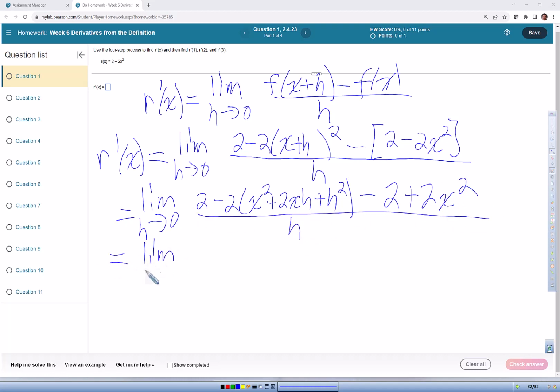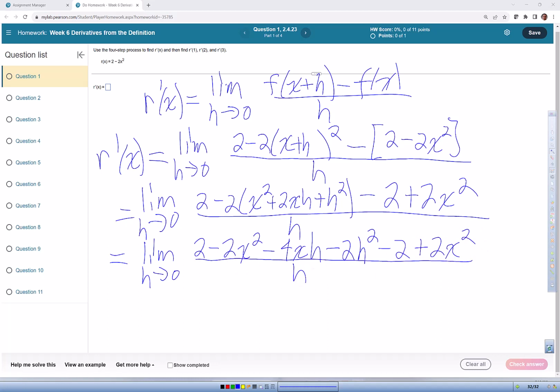So we still haven't evaluated the limit yet, so we're going to carry the limit notation, and I'm going to rewrite this distributing the negative 2 inside. So 2 minus 2x squared minus negative 2 times 2 is negative 4xh, and then minus 2h squared minus 2 plus 2x squared, all divided by h still.